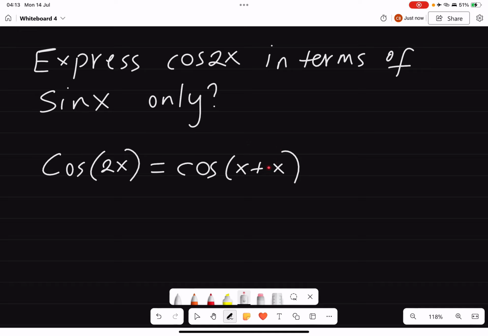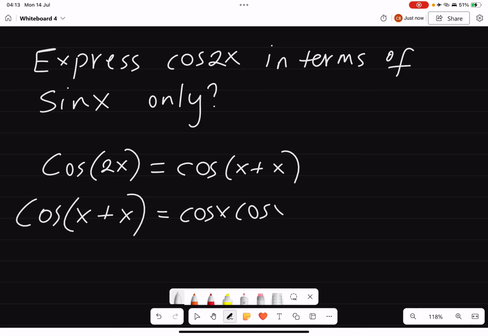And we know an identity about cos(a + b) is the same as cos a cos b. If it's a plus here, it must be a minus sin a sin b. Right.